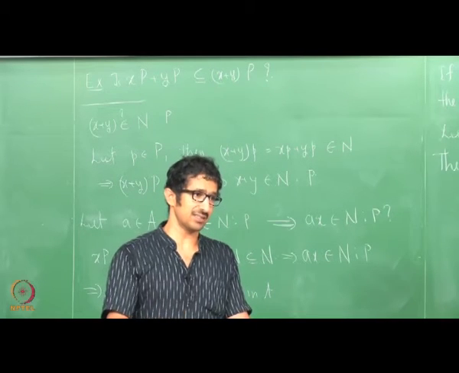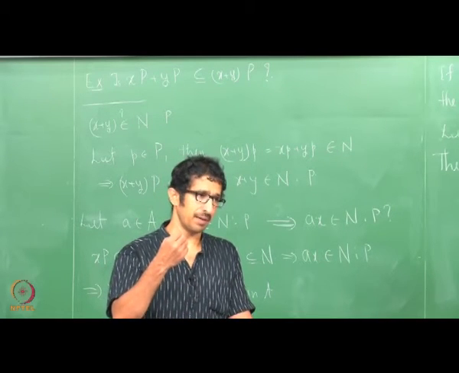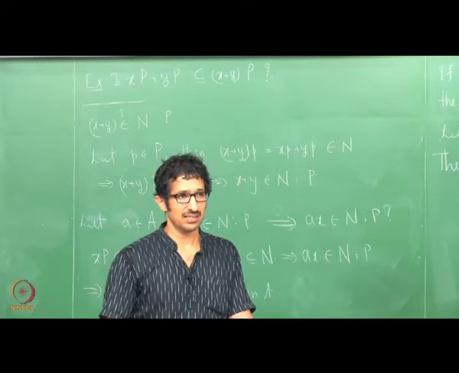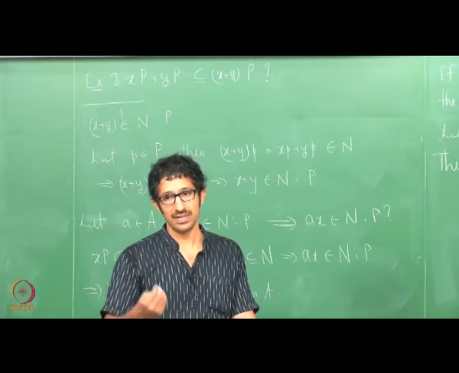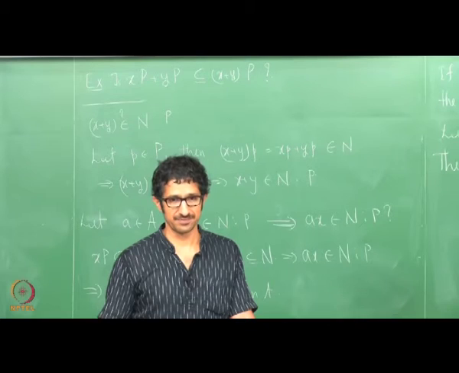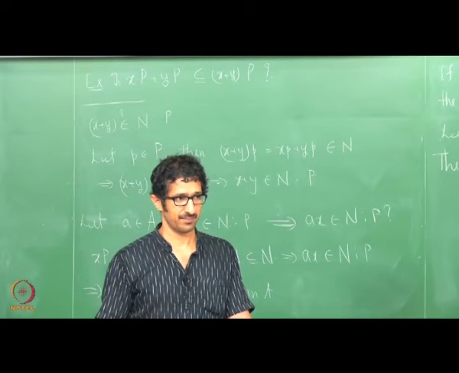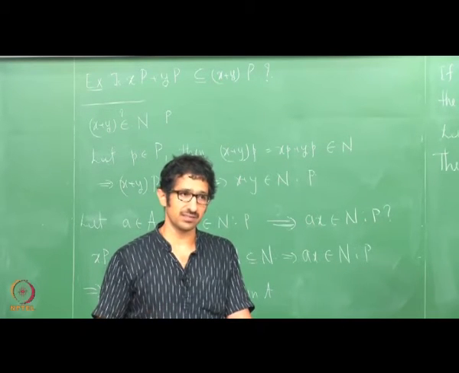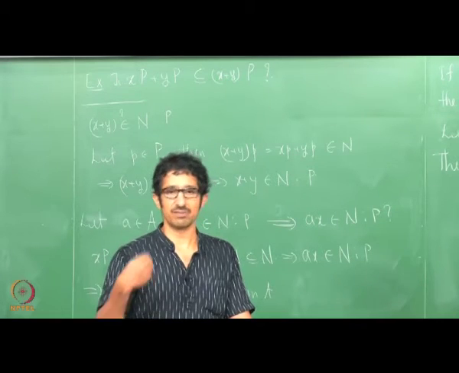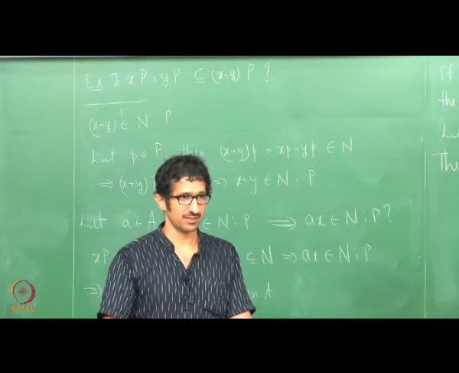But in general you can't give a module structure to A over A mod I. Over a quotient ring you can't give a module structure to the ambient ring.